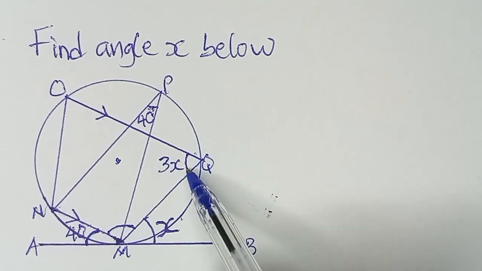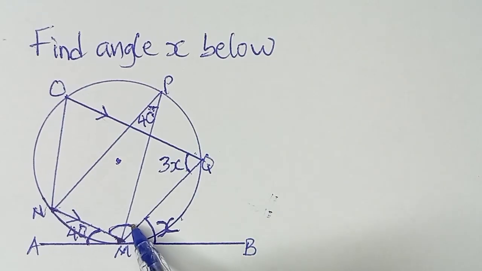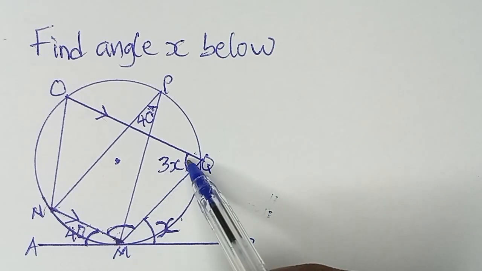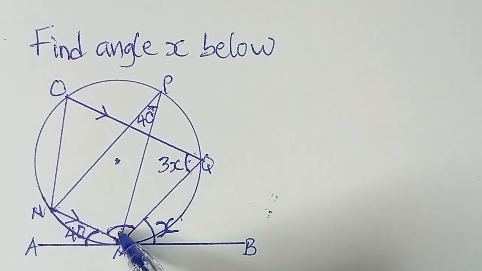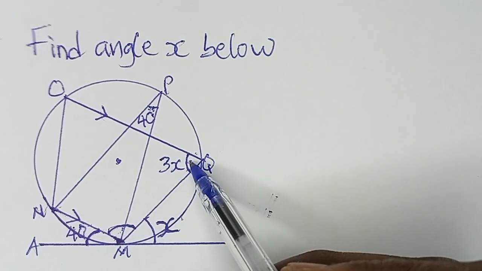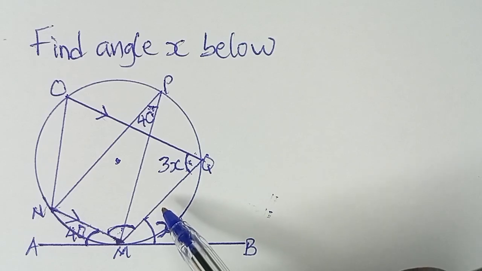So we have 3x within the parallel lines. We also have the opposite angle here within the parallel lines. Now, when you have a situation like this, two angles in between parallel lines, they are called co-interior angles. And these two angles add up to 180 degrees.